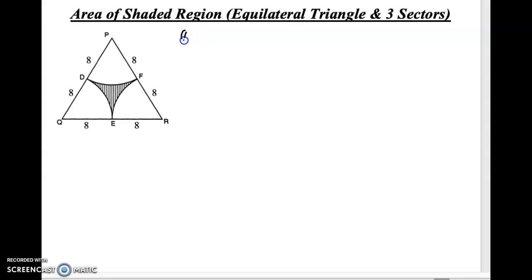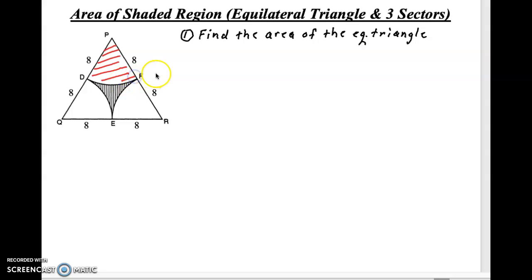Our first step is we are going to find the area of the equilateral triangle. Okay. Then, after that, what we're going to do is we're going to find the area of one of these sectors. So this part in red here. I'm going to try and find the area of just that thing. So that's step 2.